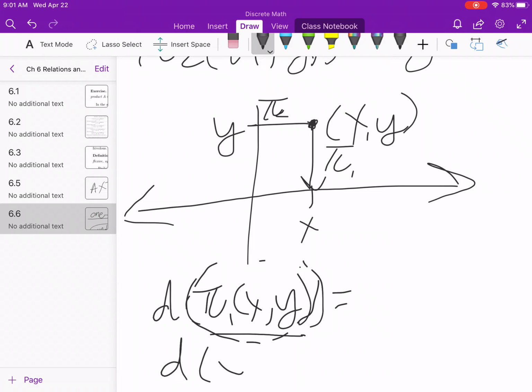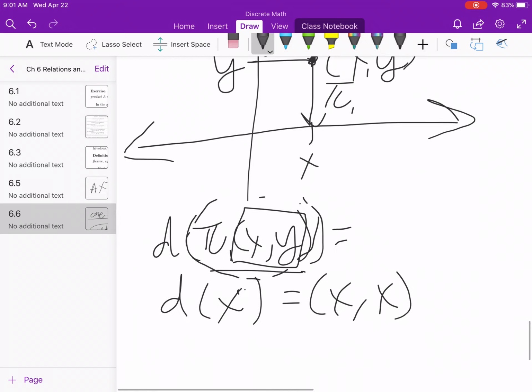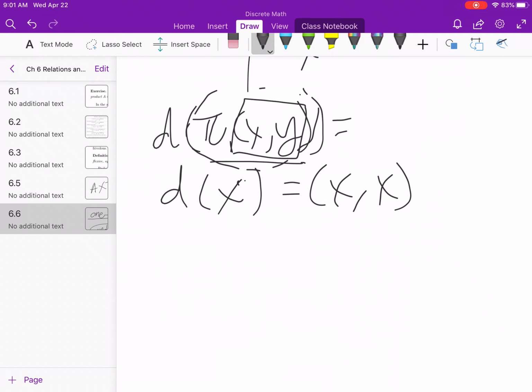So this is really going to give me d of x, and so what I'm going to get back is x comma x. I won't necessarily get back the original thing. So I could actually just restrict my domain, if I really wanted to, to a particular line. If I restrict the domain of the projection function to the line x equals y, or y equals x, this is going to give me this particular thing here.